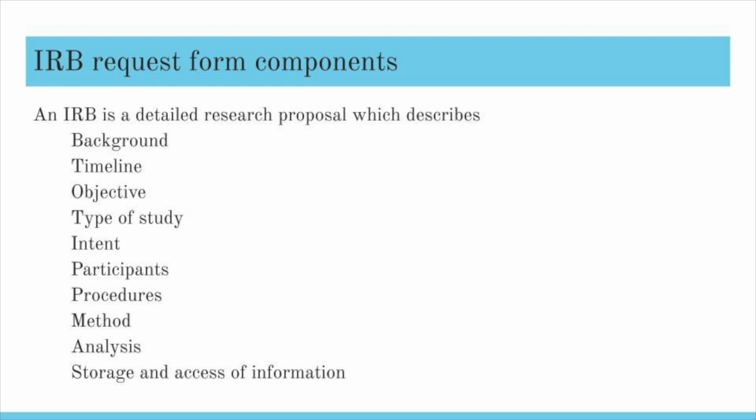It will be important to include things such as the background of your study, the timeline, objective, type of study, the intention of the study, for example, curative intent or purely educational, the participants of the study, the procedures, if any, the method, the analysis of the data, as well as the storage and access of information. These, as well as other components, will be required in an approval form given to you by your specific IRB committee.